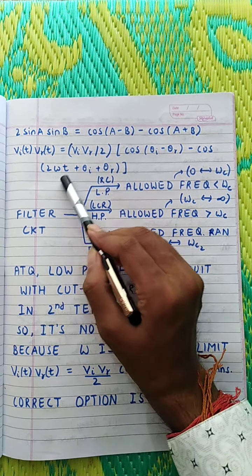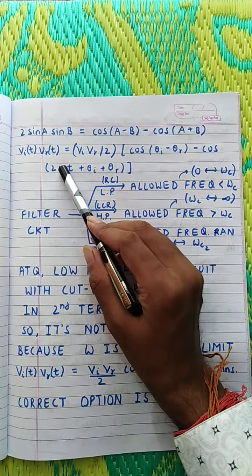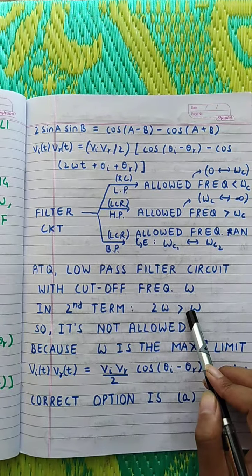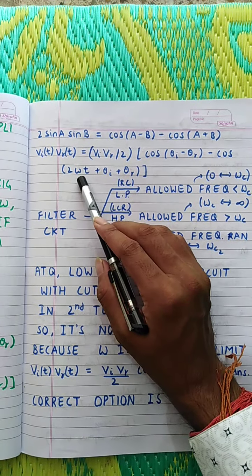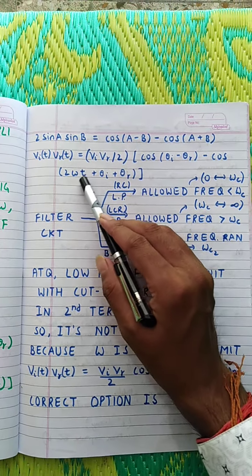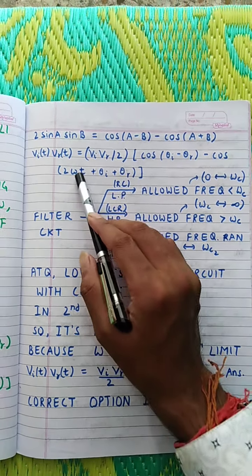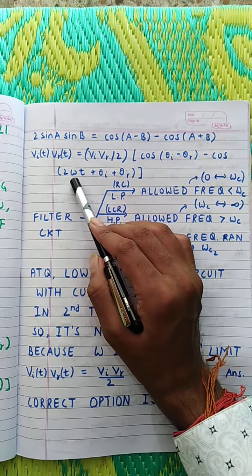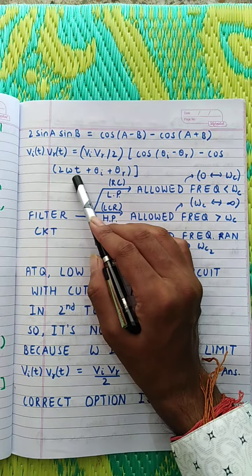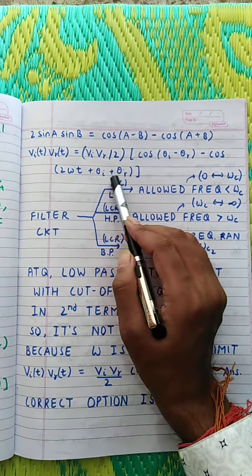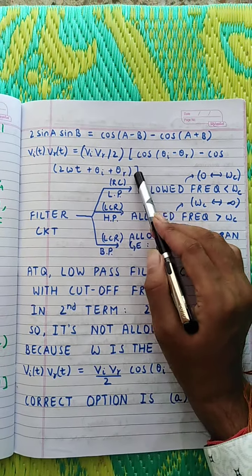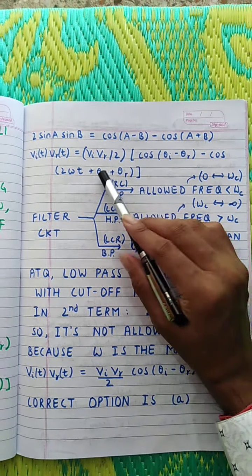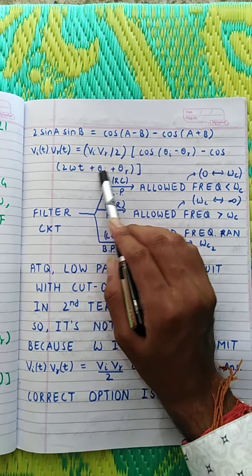We have to focus here on 2 omega. Now 2 omega is greater than omega, and omega is the cutoff frequency, so the low pass filter circuit will not allow this frequency because it is greater than the cutoff frequency omega. So this whole cos 2 omega term will be rejected, and the circuit will allow only the term cos(theta_i minus theta_r). We know that omega is the maximum limit and 2 omega crosses this limit, so it will not be allowed.